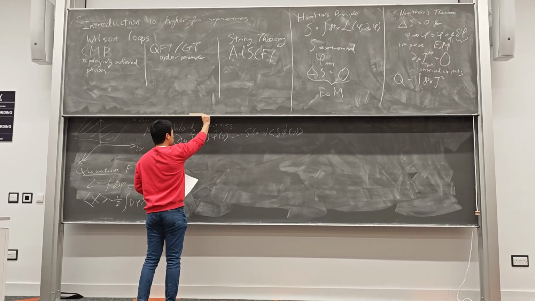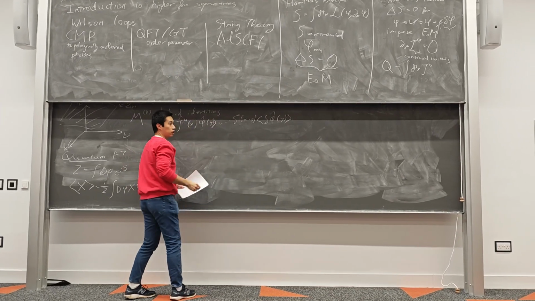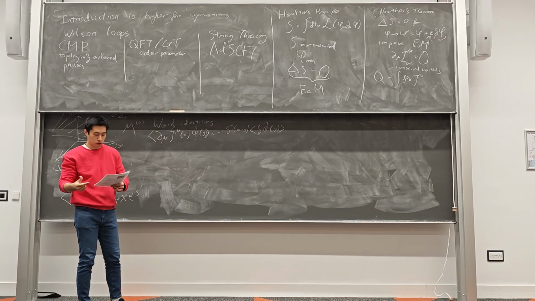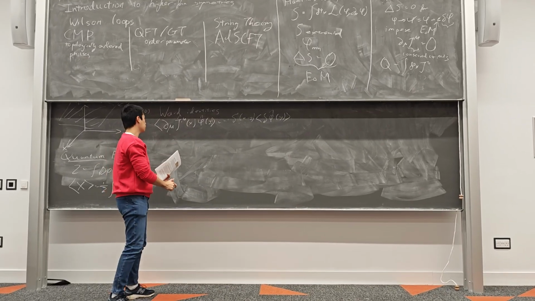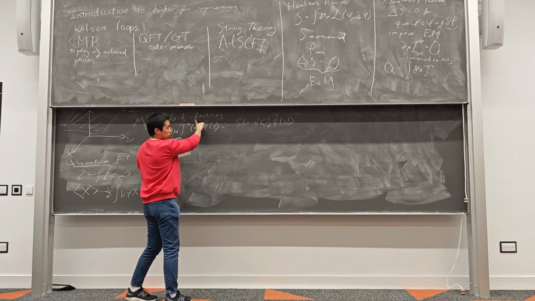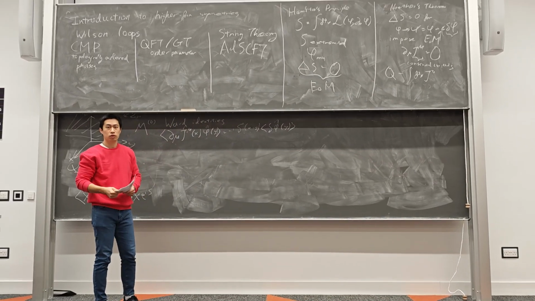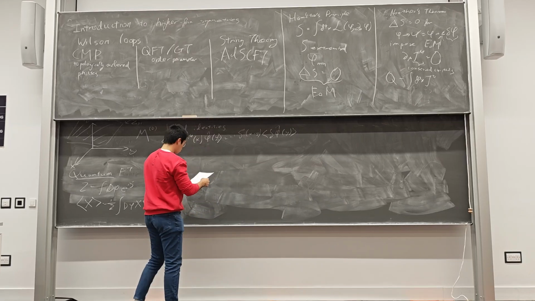Now, the reason why we have this operator here is because in quantum field theory, only these correlators are physical. So a lot of times, if you just take this expectation value, it could very well be 0. So in quantum field theory, we talk about these correlators.